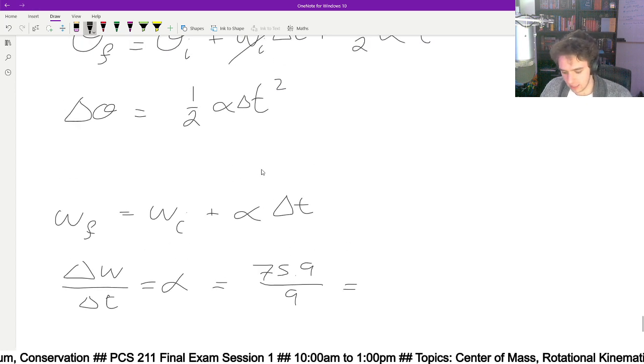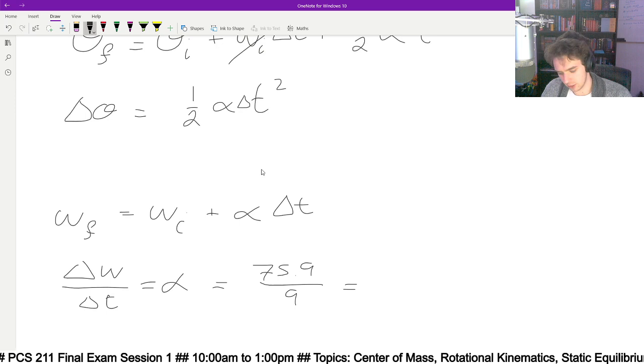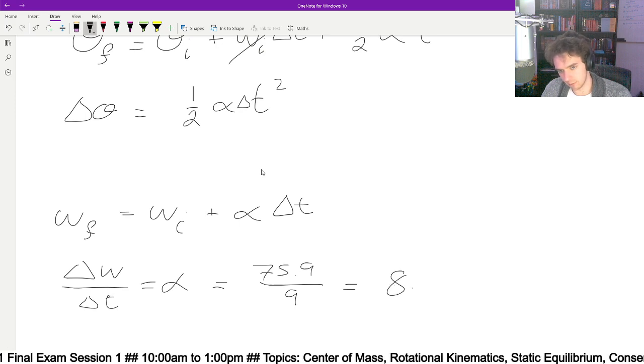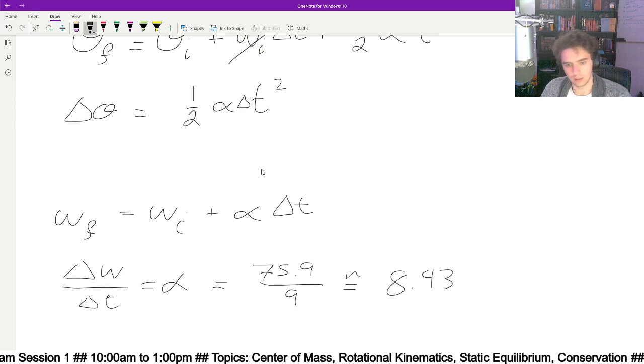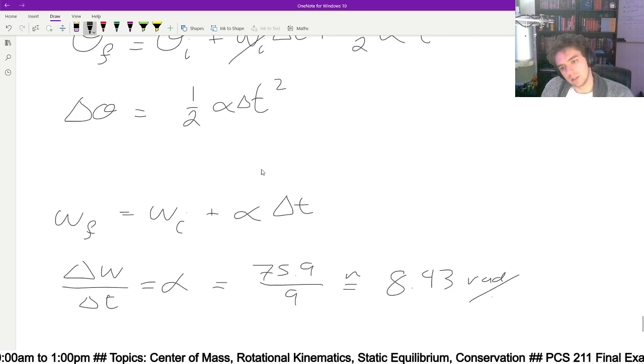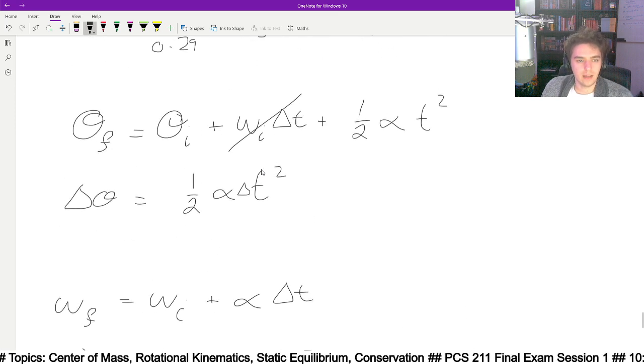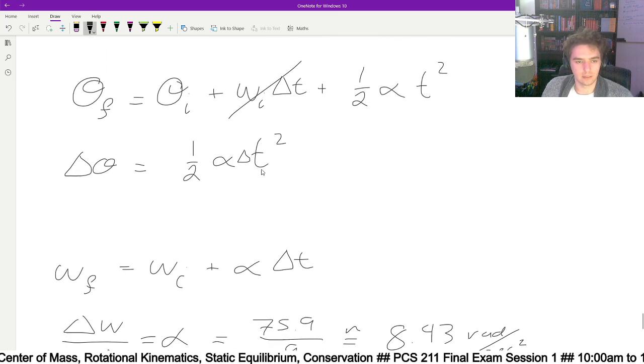So I found the acceleration by dividing this by 9. So the angular acceleration is 8.43 approximately radians per second squared. So now that I have this, I can just plug this all in here for delta theta.